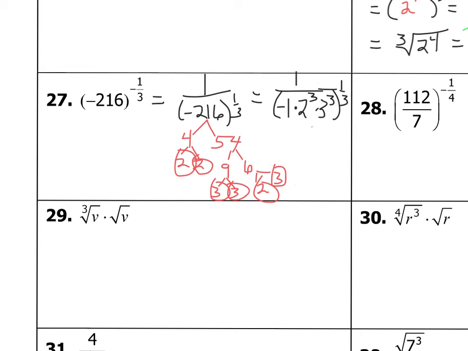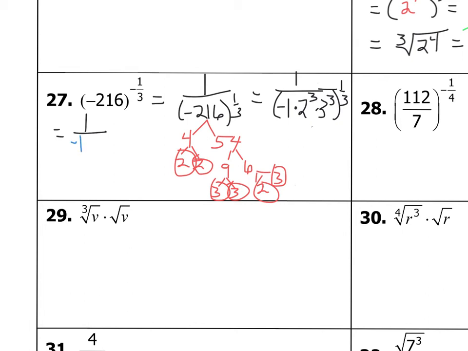All right, so I'm going to come back over here. So then we have 1 over, and we know that this negative here is being raised to the 1/3 power. So this negative 1 raised to the 1/3 power means we're taking the cube root of negative 1. So the cube root of negative 1 is negative 1. So I know that that's going to come out to be negative 1.